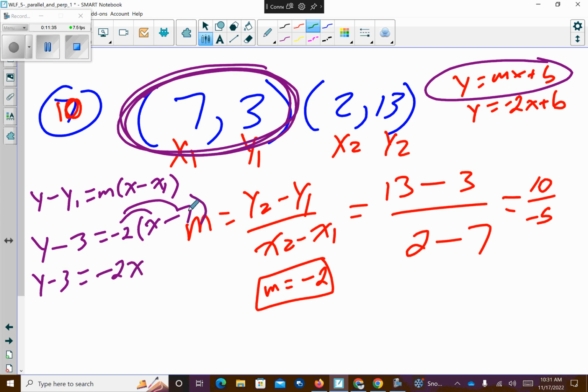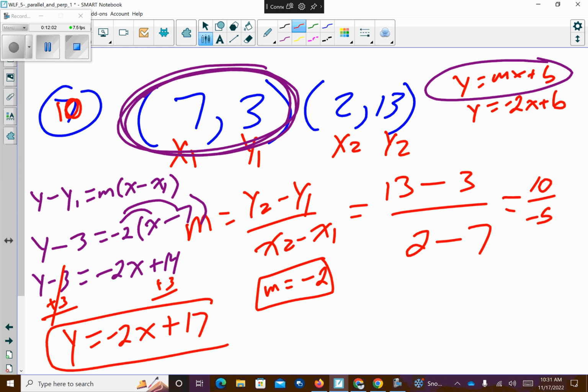Negative 2 times negative 7 is 14. Last step: get the y all by itself. Negative 2x plus 17. There is my equation.